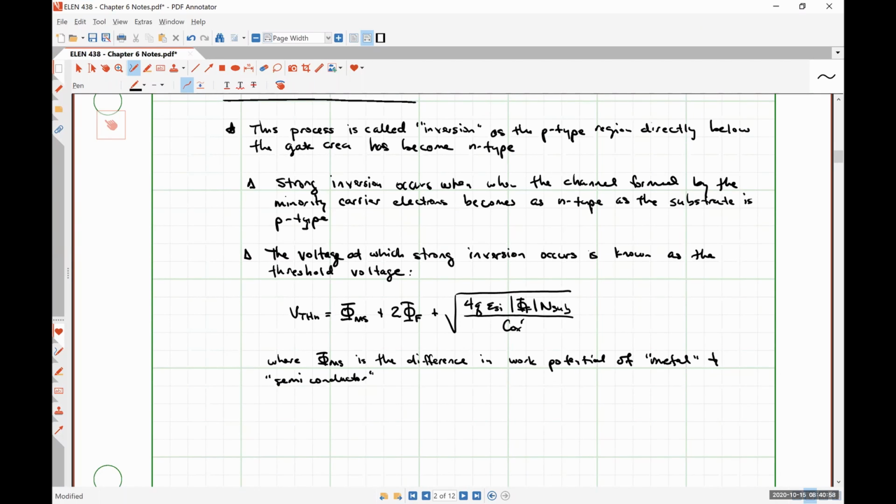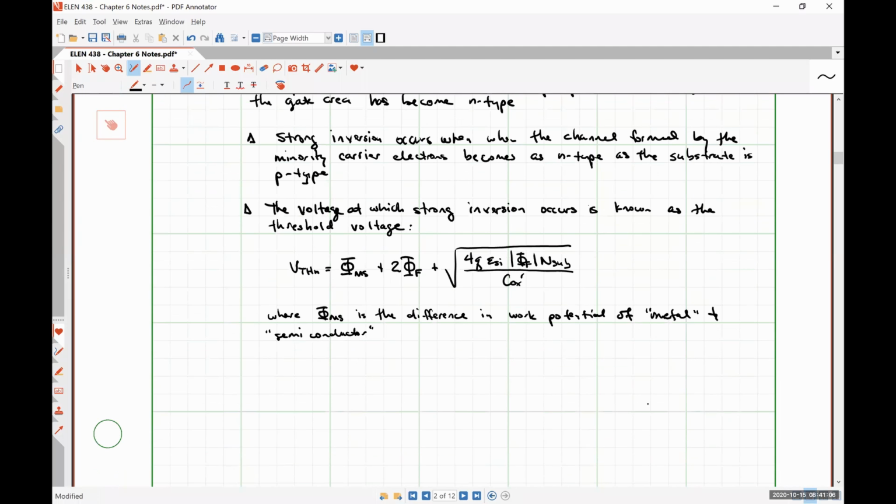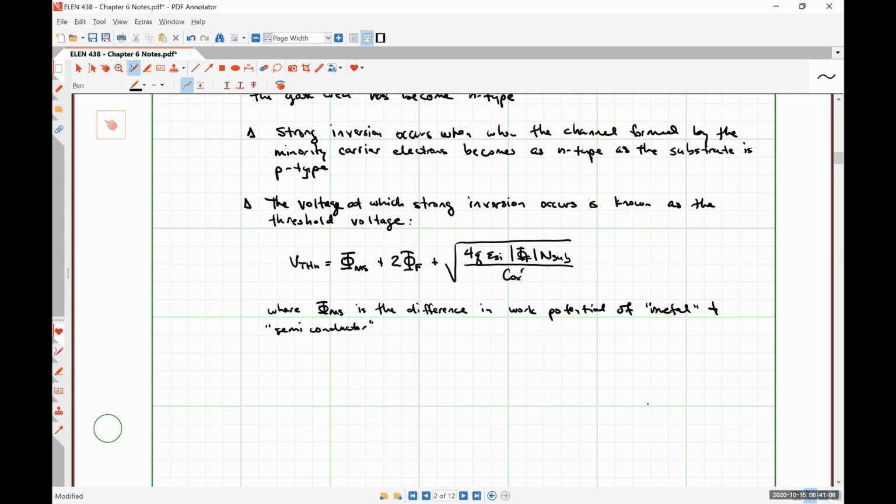I've put metal and semiconductor in parentheses because we actually don't really use metal anymore. So it's really the work function difference between the gate material and the substrate.